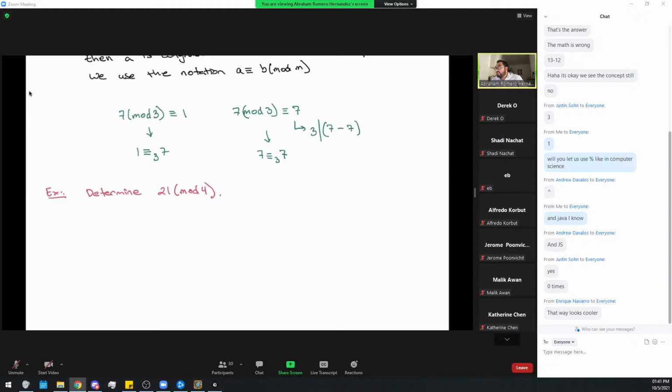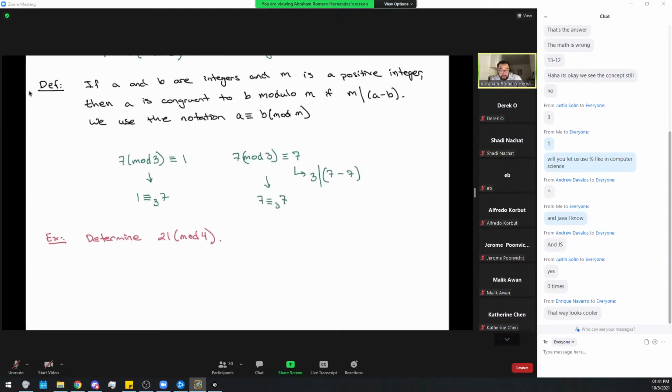Make sure you use the definition of what modulo is. If you don't remember the definition, it's right here.